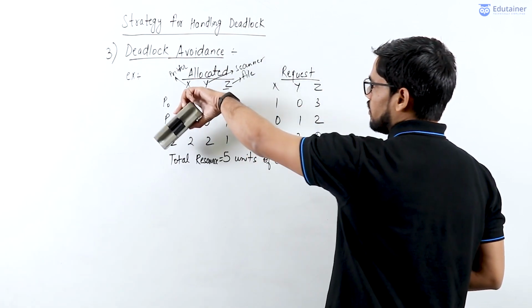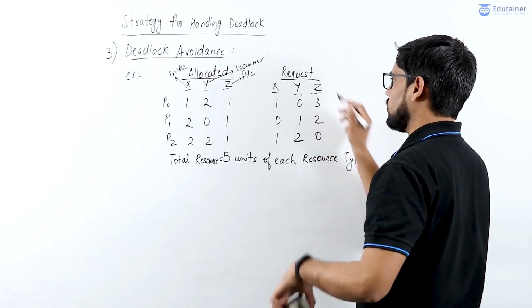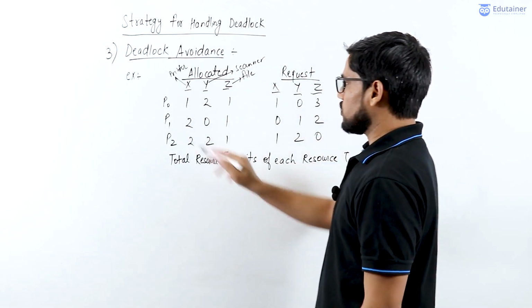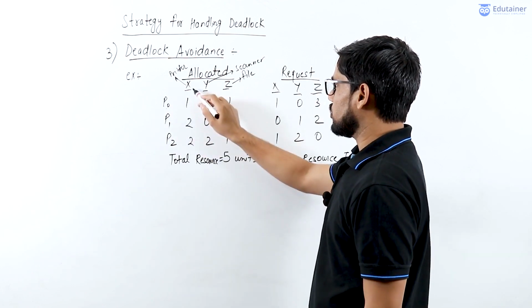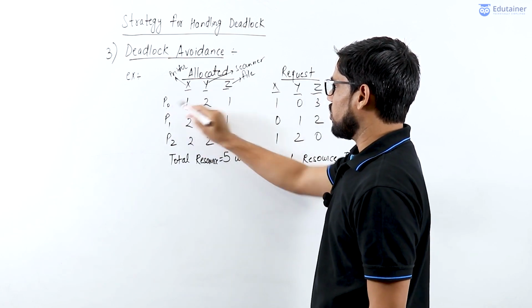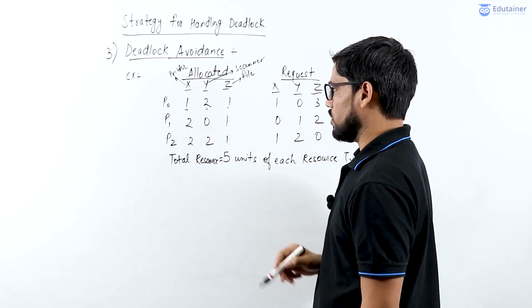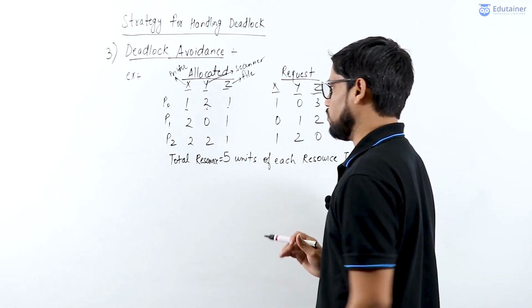So we have three different resources X, Y, Z, and currently process P0 is having one instance of resource X, which is printer, two instances of resource Y and one instance of resource Z. Currently it is allocated to the process P0.